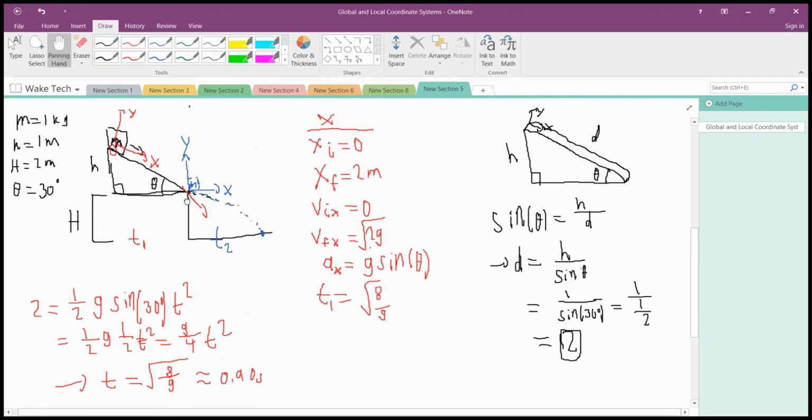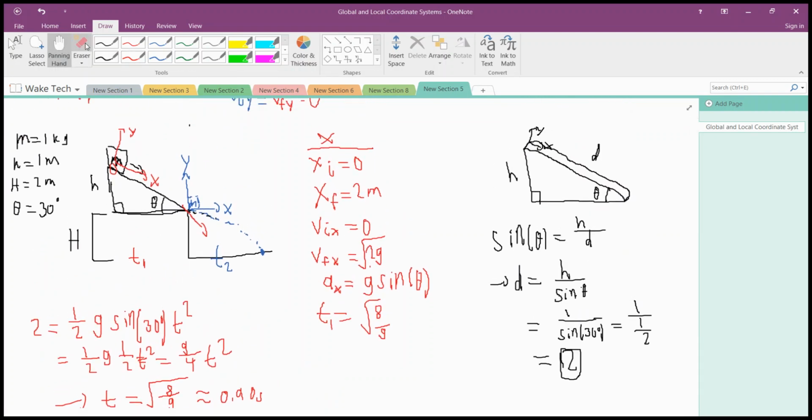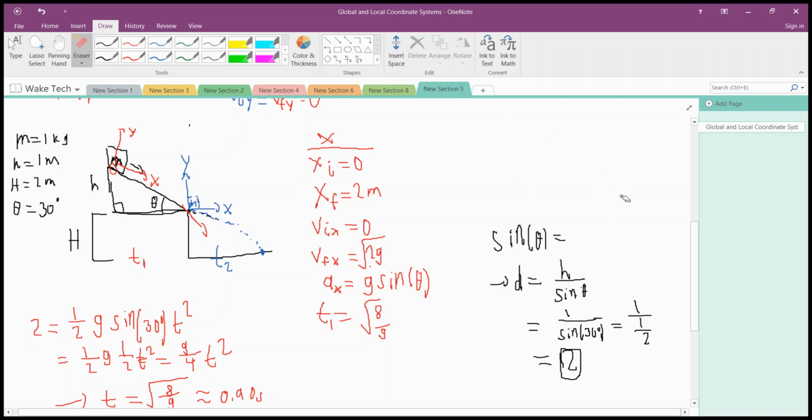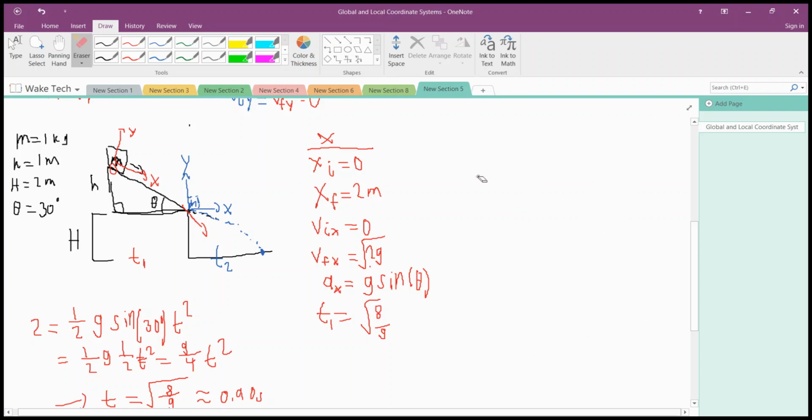Now let's talk about the blue coordinate system. We're going to need to think about the velocities so we can stitch our two coordinate systems together. But firstly, notice we have 2D projectile motion once the mass leaves the table. So we're going to need to create an X and a Y tower of information.